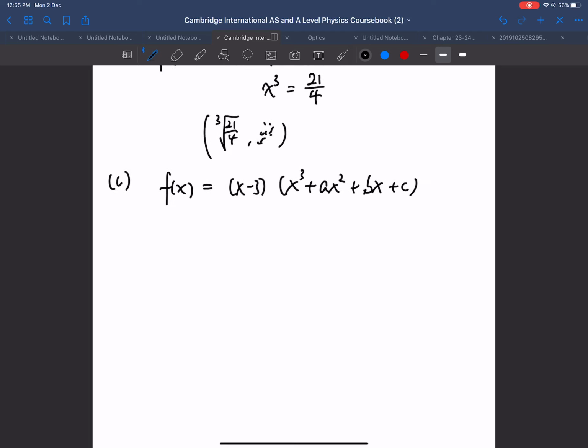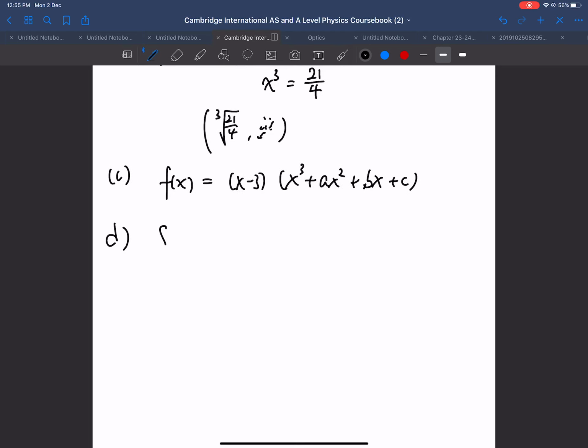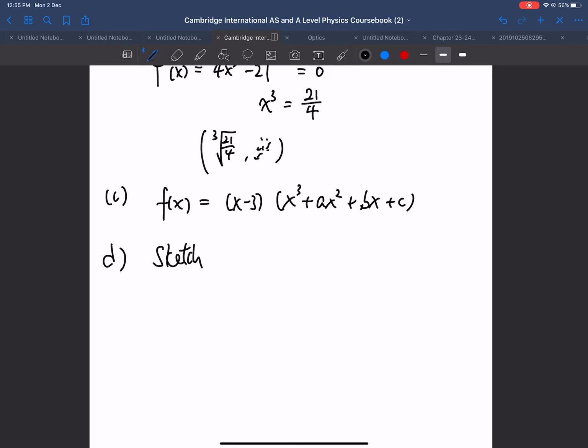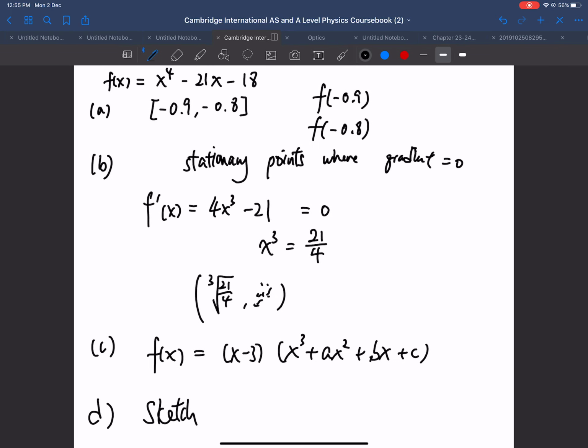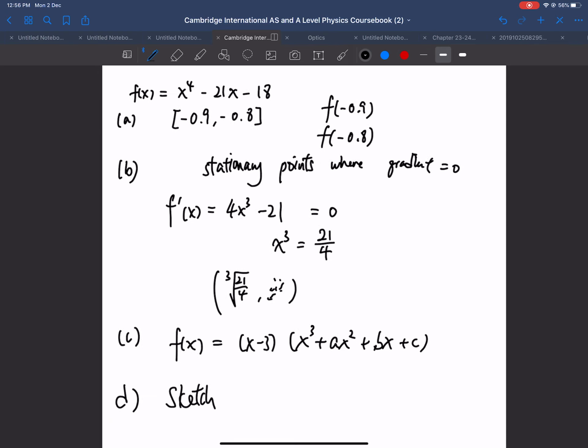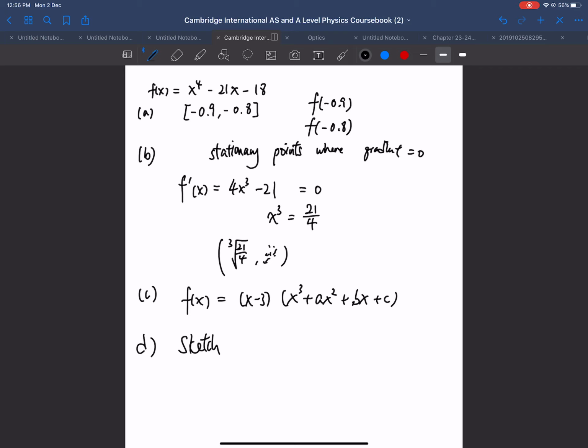Part D, sketch the graph. Divide and what do you get? Get x squared, let's say x squared plus ax plus b. I'm going to do it slowly.